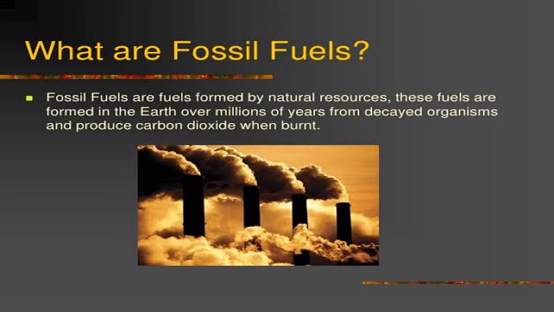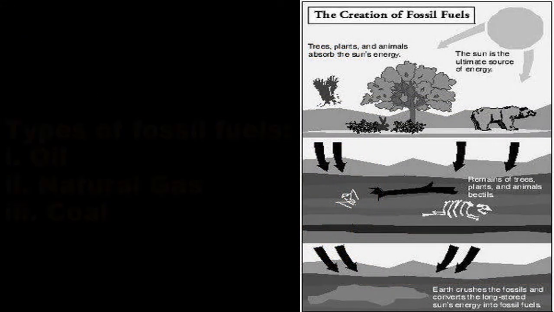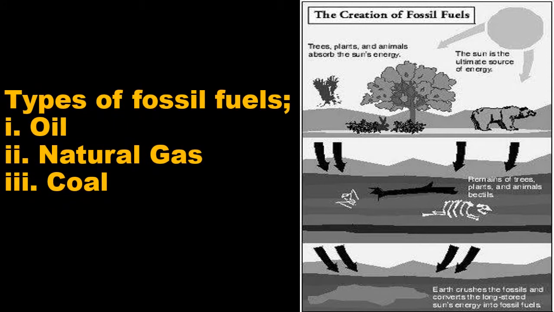Fossil fuels are found underground. A fossil is the remains of an animal or plant that has been pressed between the rocks for many thousands of years. There are three main types of fossil fuels: oil, natural gas, and coal.